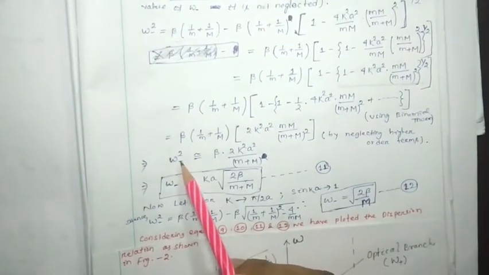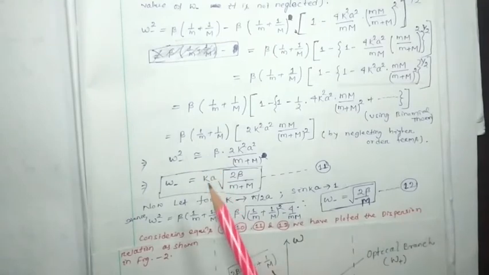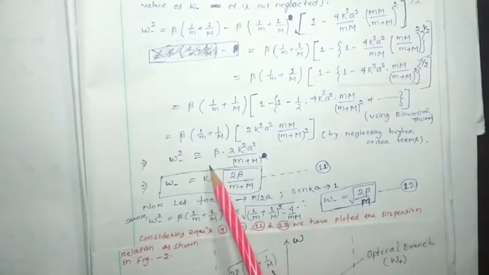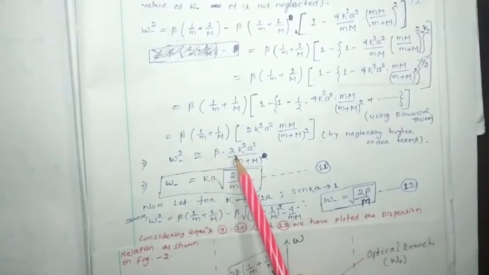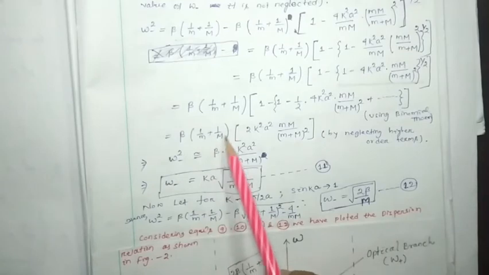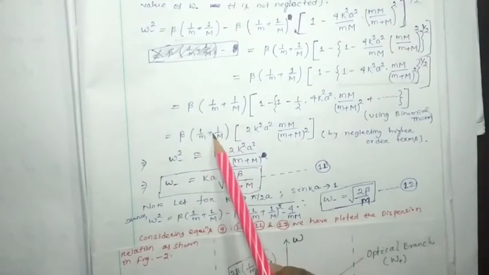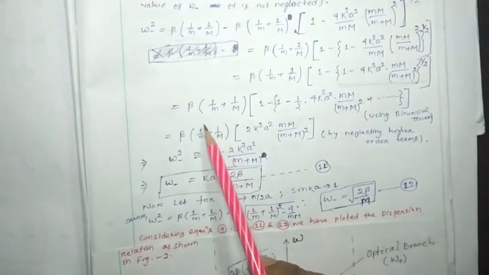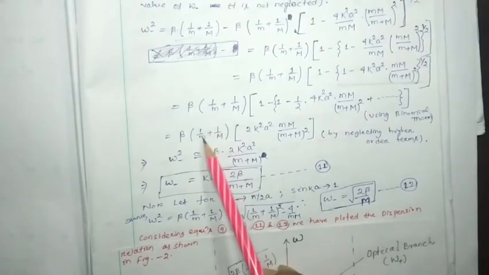Now omega minus square will be approximately equal to how much? It will be 2k square a square by m plus m, because if we add these two terms, it will be 1 by m plus 1 by M. It will be how much? It will be m plus M divided by mM.